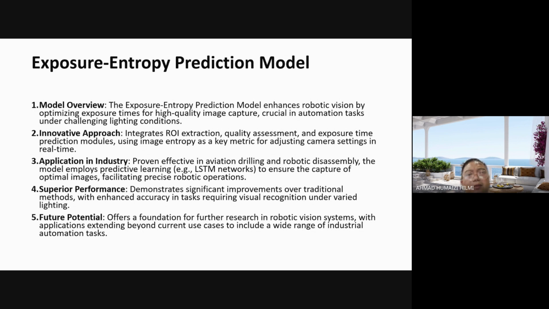How can the robot do it? And then another condition, the robot operates in high lighting, like in the hot afternoon, outside your factory. How can the robot operate with such excessive lighting from the sun? So this is what the exposure entropy prediction model is about.